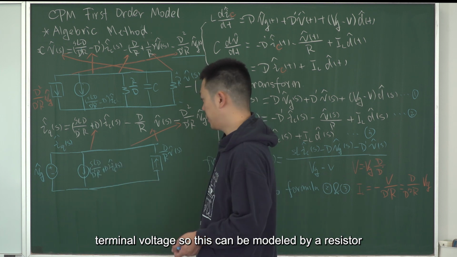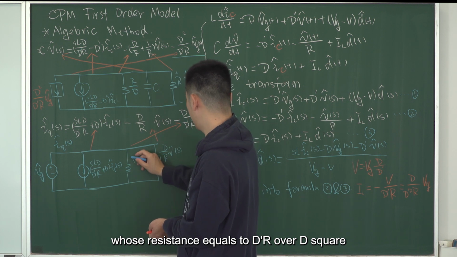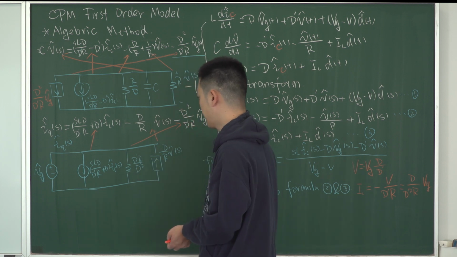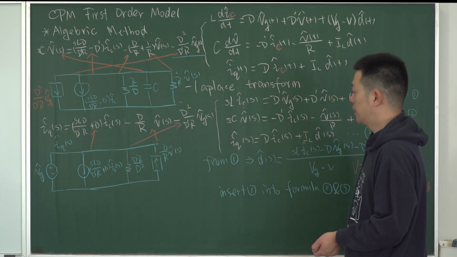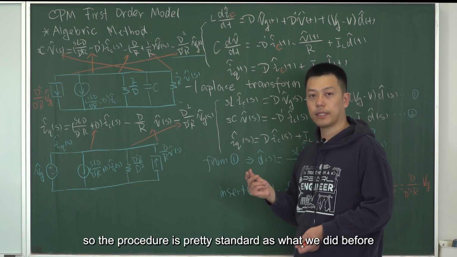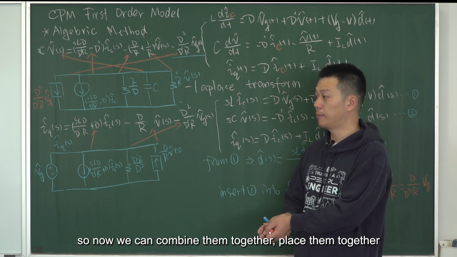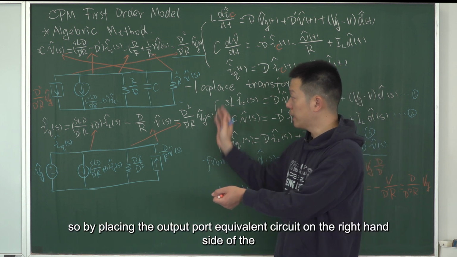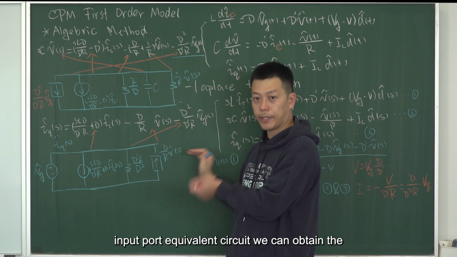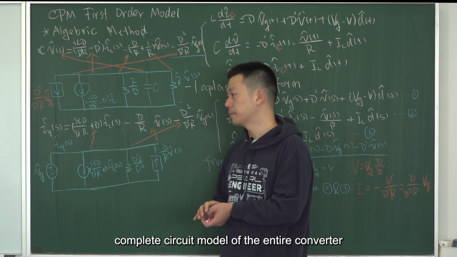So this can be modeled by a resistor whose resistance equals D prime R over D squared. So that's the complete equivalent circuit for the input port, right? So the procedure is pretty standard as what we did before. So now we can combine them together, right? Place them together. So by placing the output port equivalent circuit on the right-hand side of the input port equivalent circuit, we can obtain the complete circuit model of the entire converter.